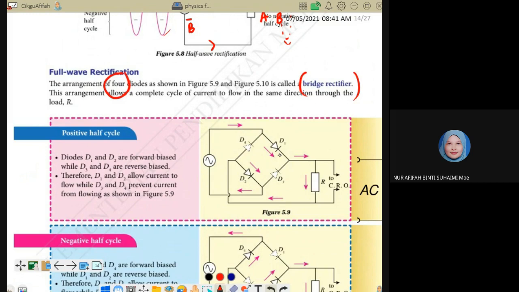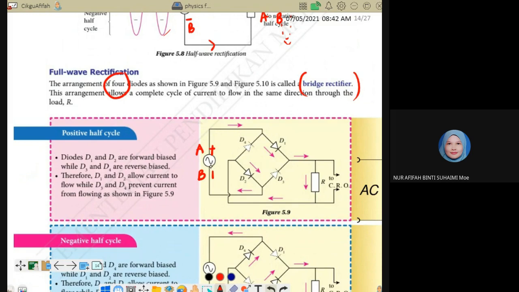Dekat sini for positive half cycle, we assume positive at the top, positive to negative, or from A to B. From A to B, the current or voltage will flow through D1 first, then to the resistor to control the current, and then to D2, so D1 and D2 to B. That's the positive half cycle.